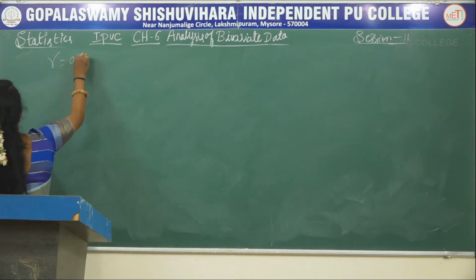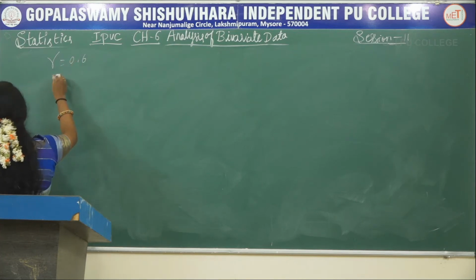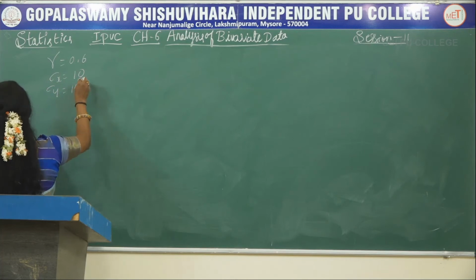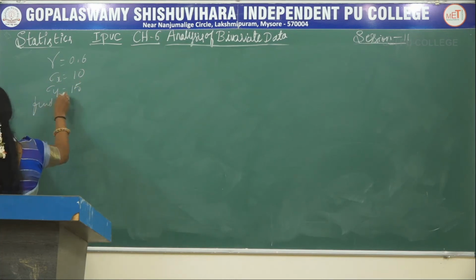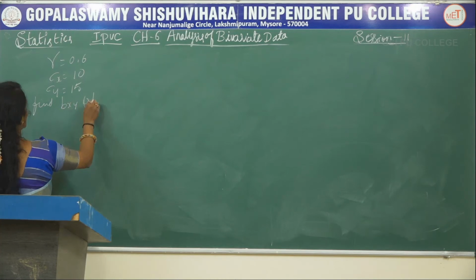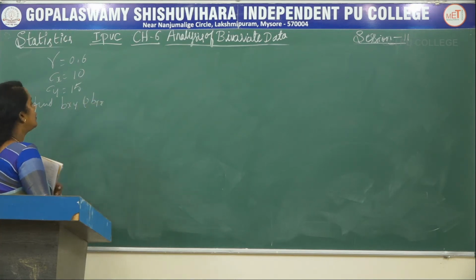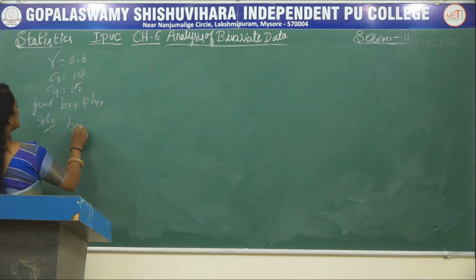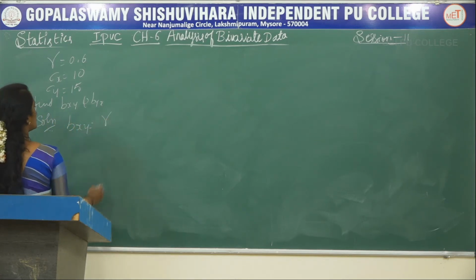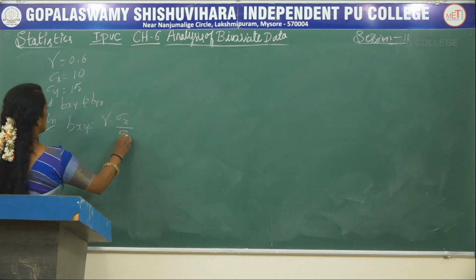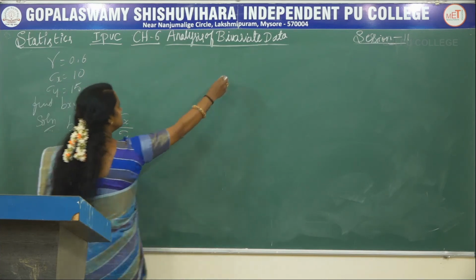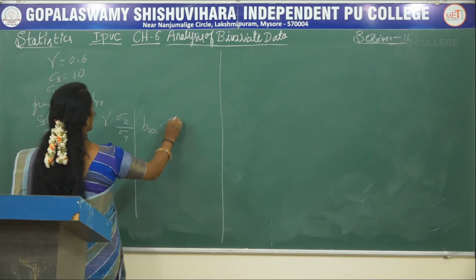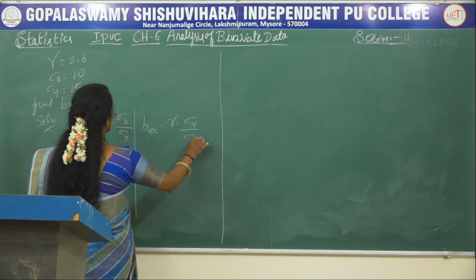Here the correlation coefficient they have given is 0.6, sigma x is equal to 10, sigma y is equal to 15. Find B of xy and B of yx. Both we have to find. In the solution, B of xy is equal to correlation coefficient into sigma x by sigma y, and similarly B of yx is equal to correlation coefficient into sigma y by sigma x.